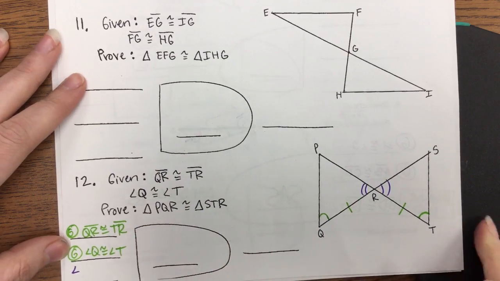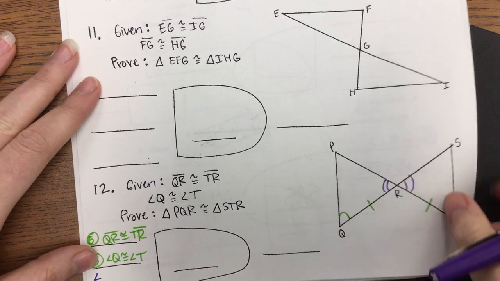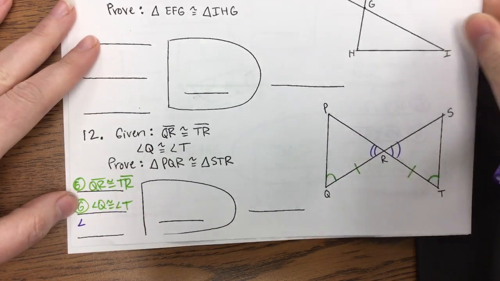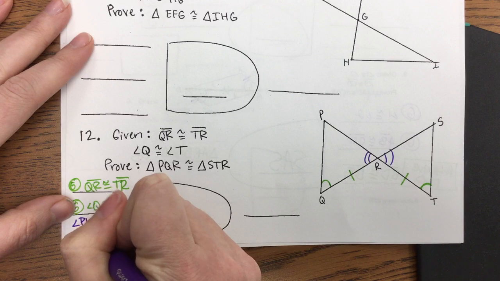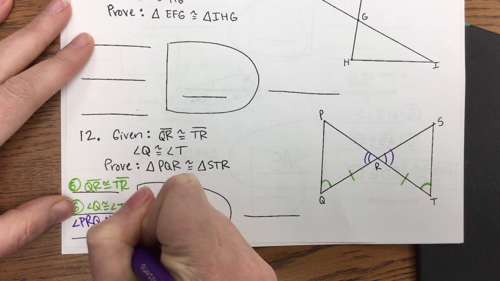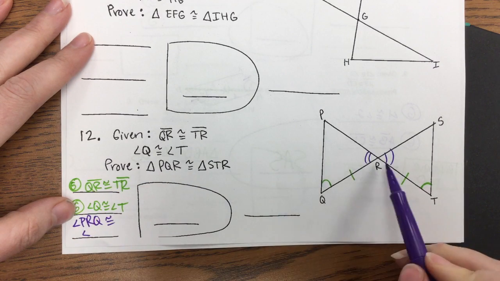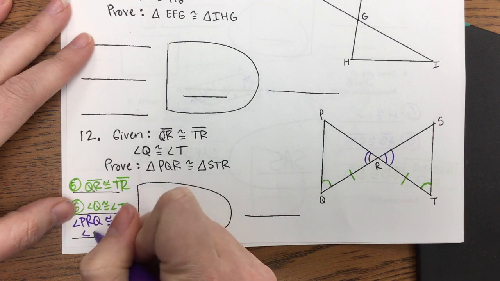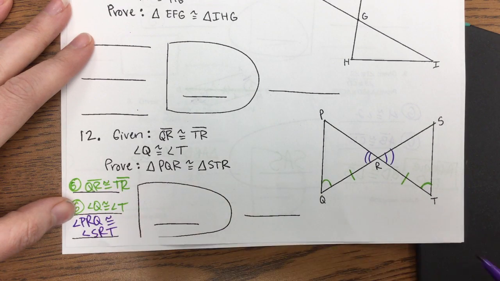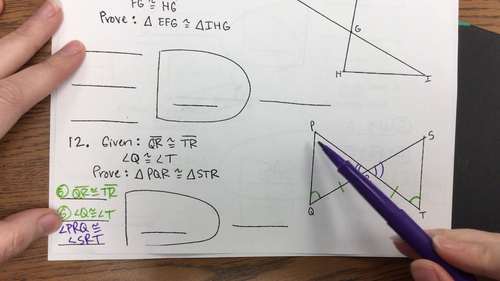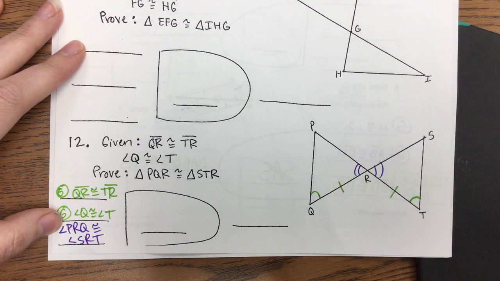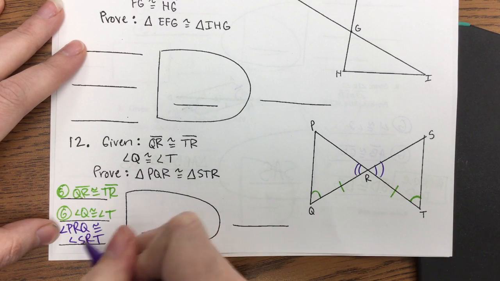So what I'm going to do is label my angles. Remember, you have to have 3 letters to properly name an angle. So I've got PRQ is congruent to SRT, and remember to put those in corresponding order. If I started with P corresponds to S, I need to make sure those are in corresponding order, and I'm missing a box here.